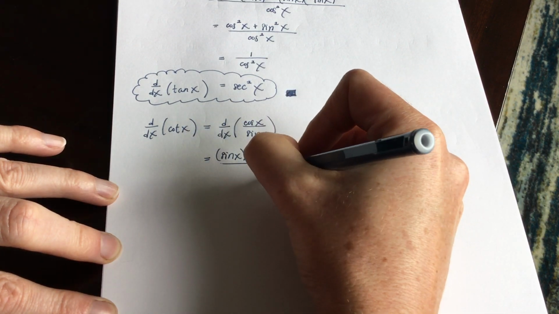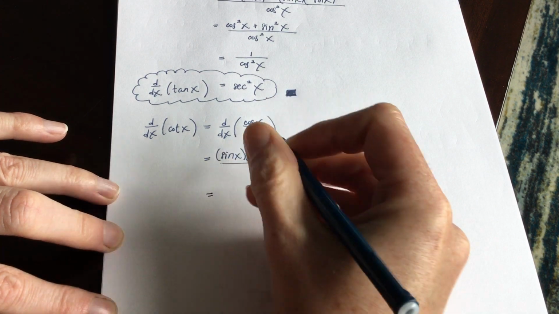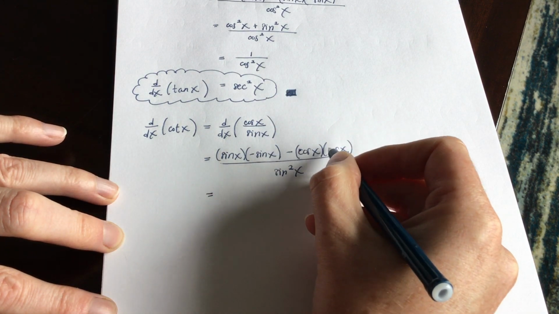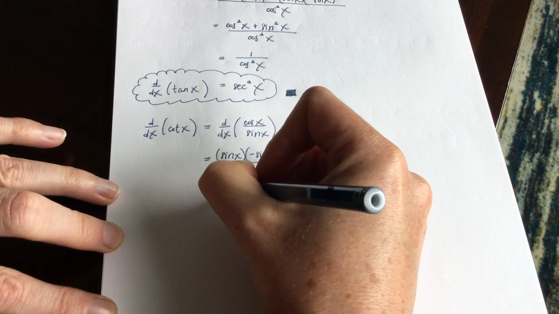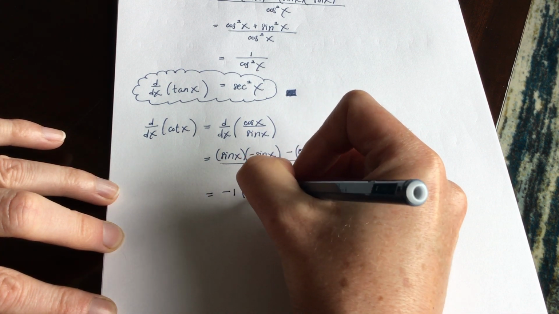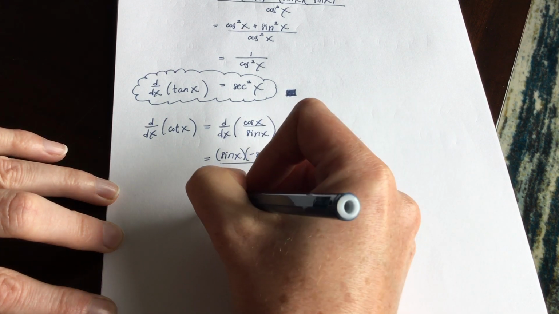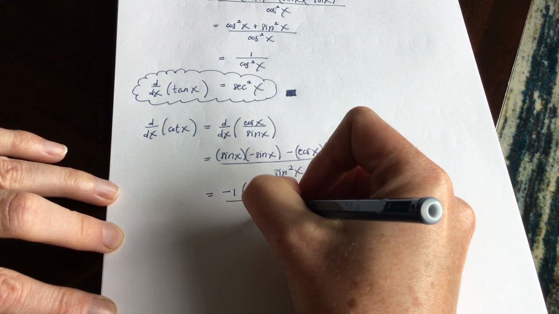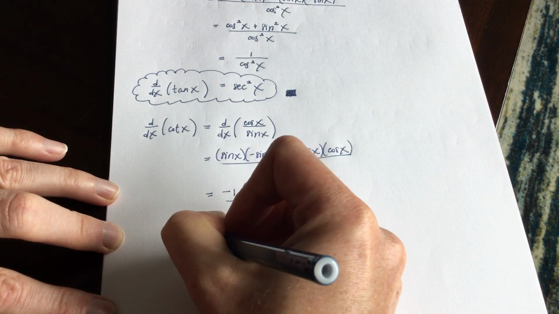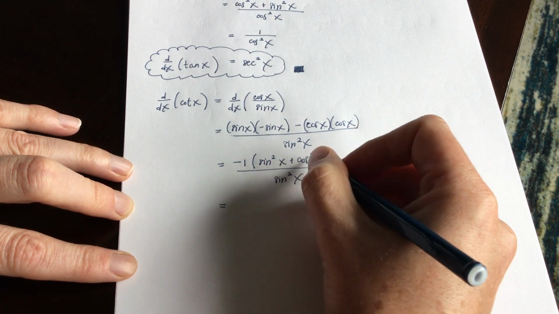All over the bottom squared we go. Simplify. I'm also going to factor this negative out that's on the top. So I'd have a negative 1 basically times sine squared x plus cosine squared x, all over sine squared x. So sine squared x plus cosine squared x is equal to 1.